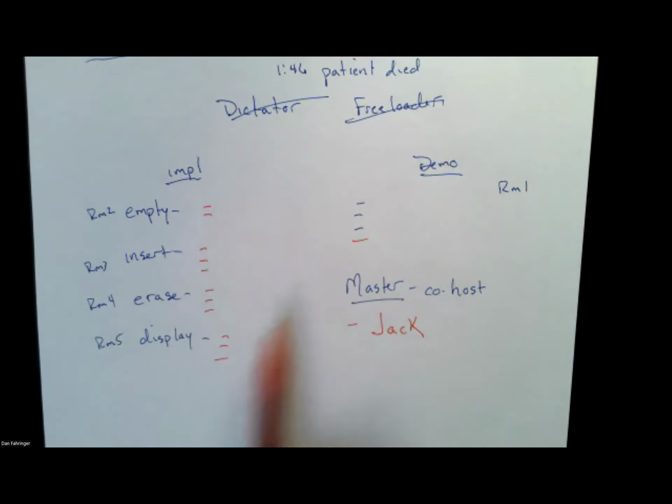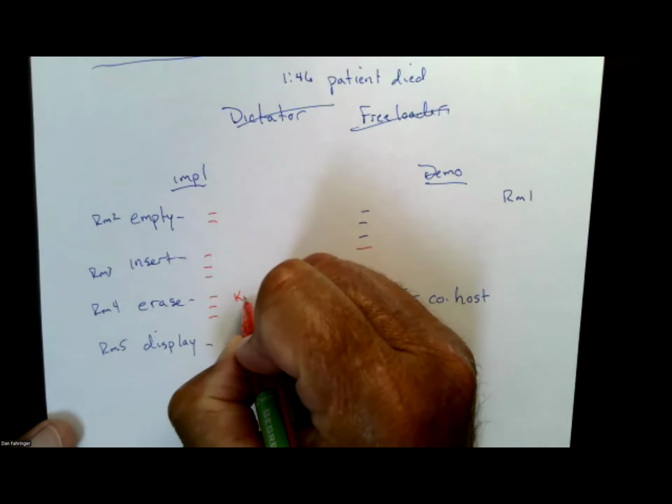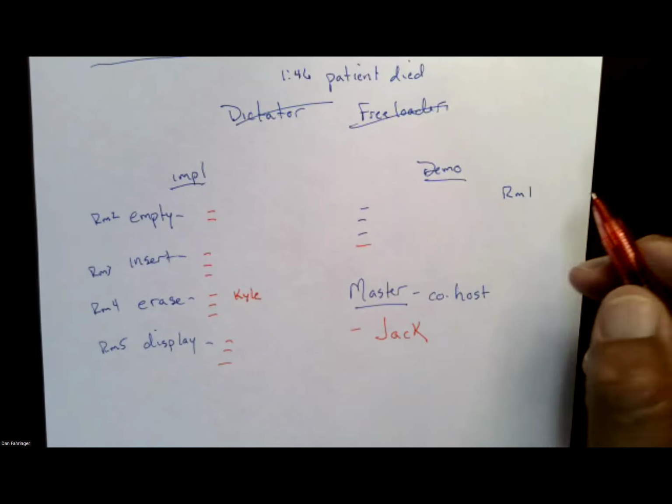So we have all these different rooms. I need you to say your name in a room. Kyle, pick something hard. Yeah, I'll take erase. Is erase hard? Because it's all the same to me. And Kyle's in. We only have 42 minutes to finish this. Casey, where? Display?